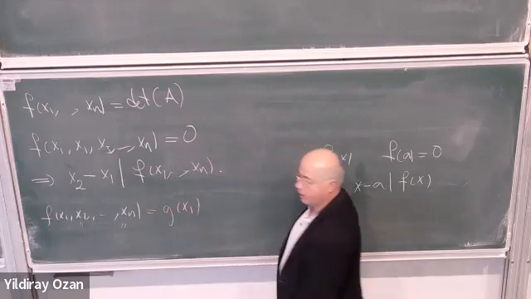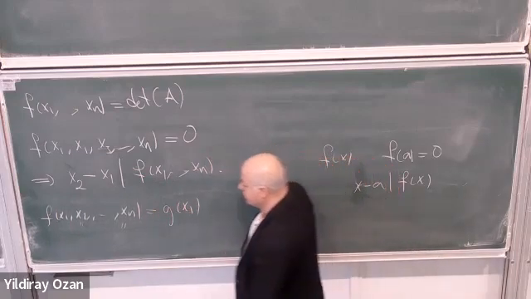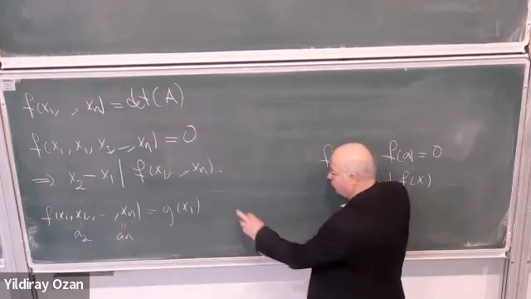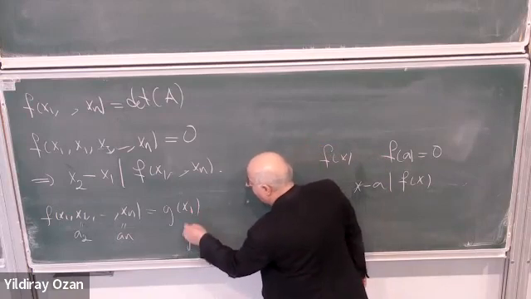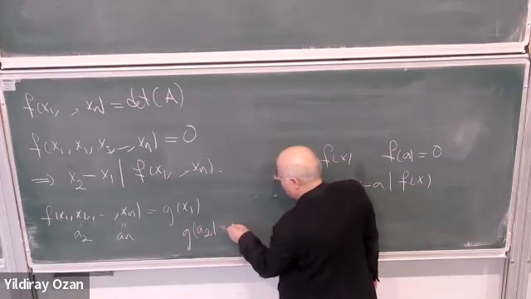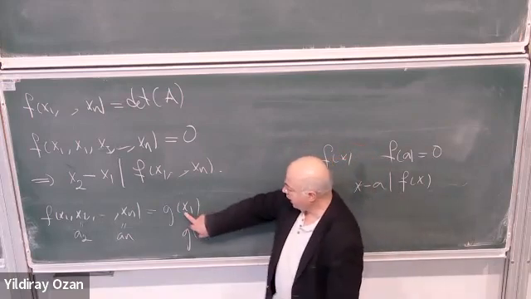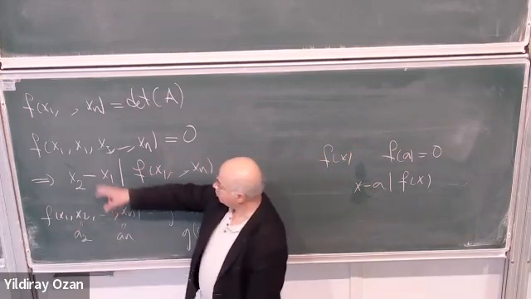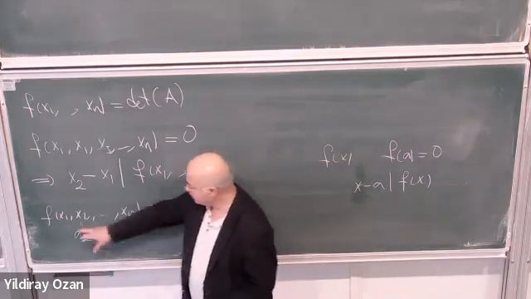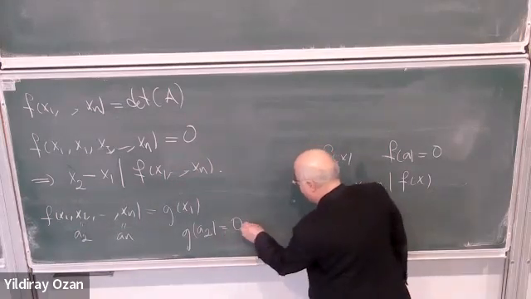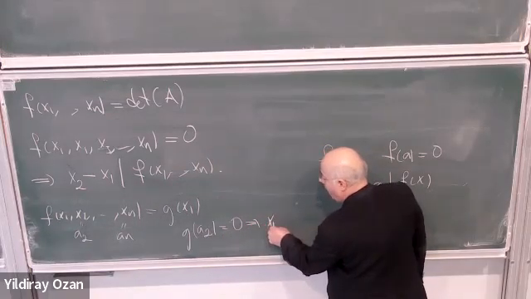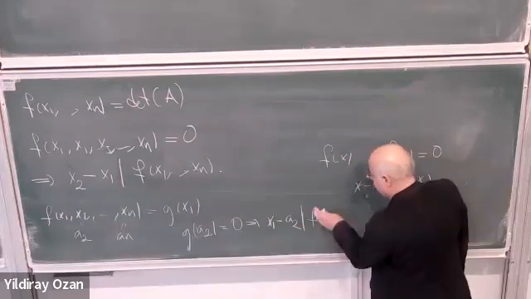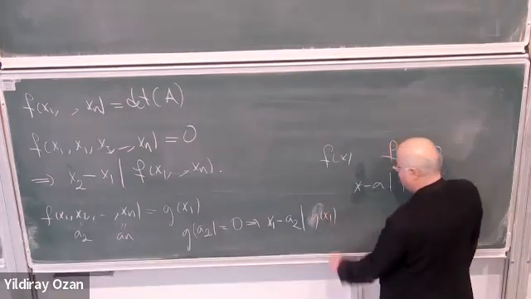This is g of x1, and suppose the constants are a2 to an. I know that if I write a2 here, I get 0, because putting a2 here, the two rows, two columns are the same, therefore this is 0. But this means what? This means x1 minus a2 divides this polynomial g of x1.